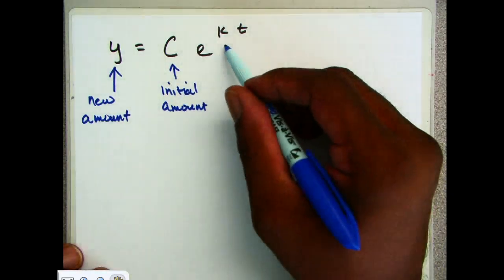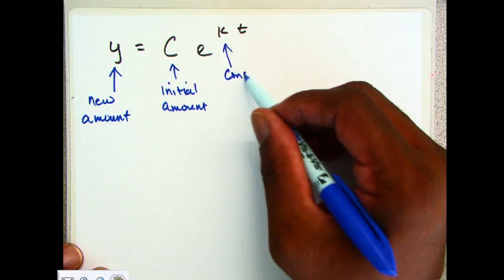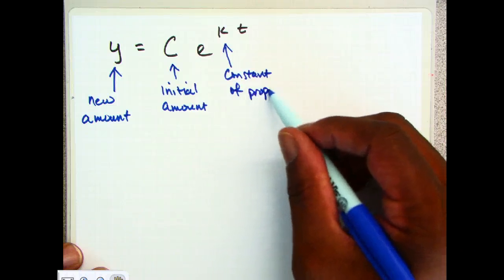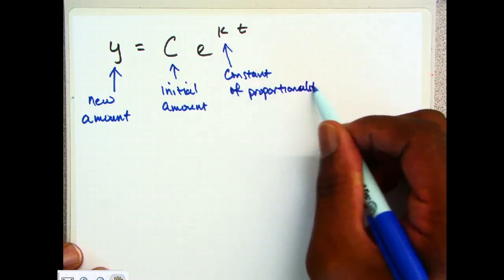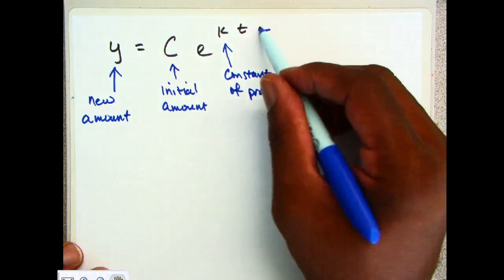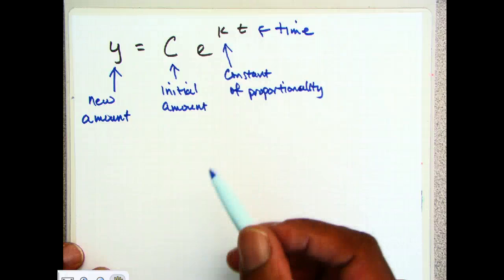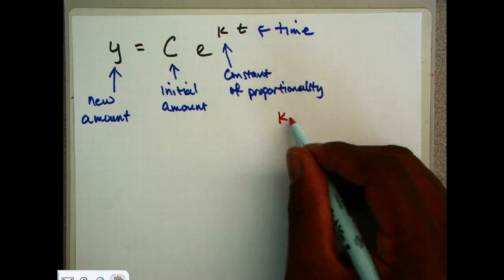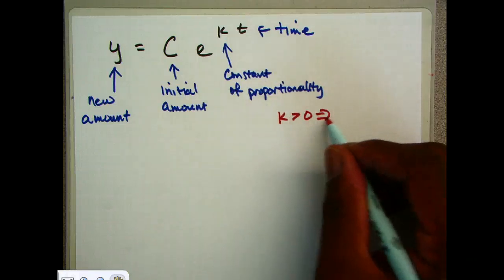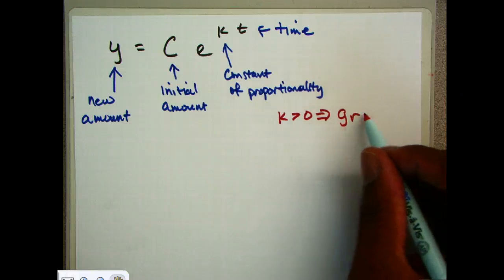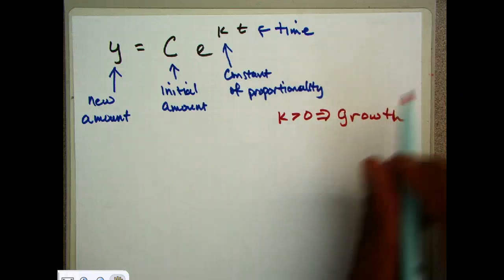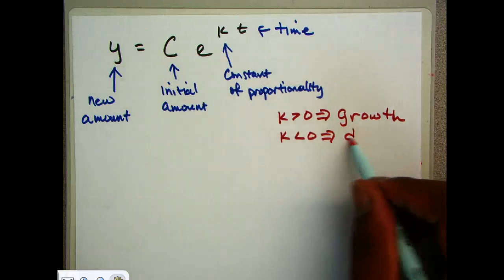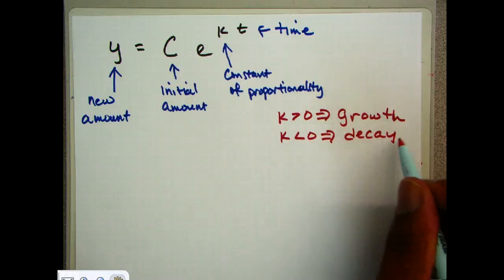The k represents our constant of proportionality. And of course our t represents our time. Now if k happens to be greater than 0, then that implies that you are going to have exponential growth. Whereas if k is less than 0, then that implies that you will have exponential decay.